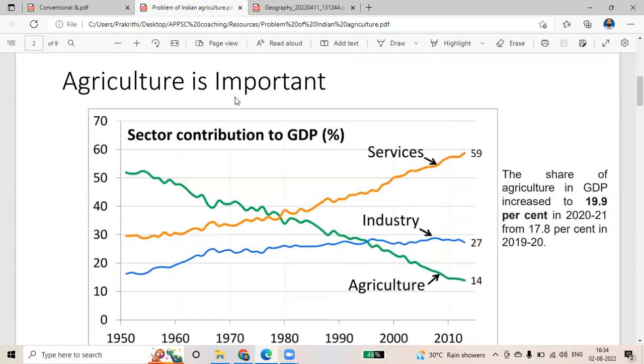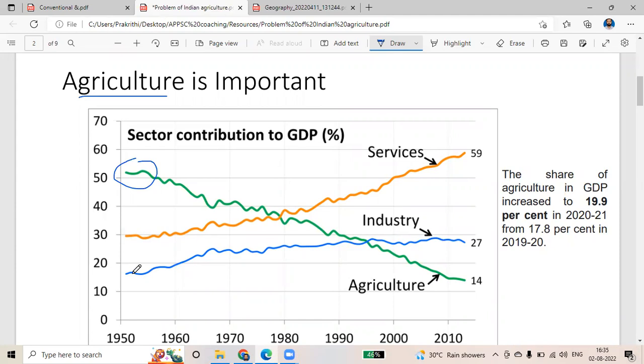If you look at this picture, you can understand this green color is the agriculture sector. So in the 1950s, more than 50% share of our GDP was from the agriculture sector. Look at the other sectors: the service sector was below 30, and even our industrial sector was below 20.